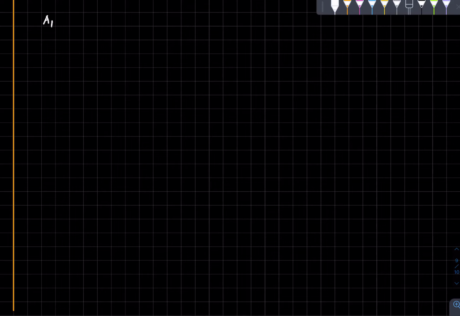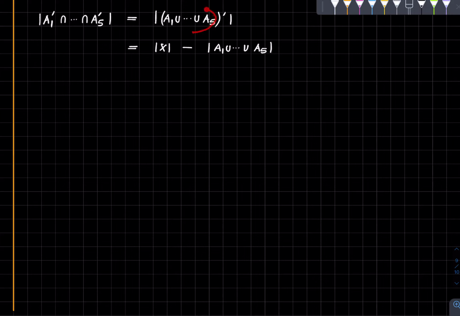So by the star mark problem, this is same as the complement of the union, which is same as the size of X minus the size of the union, right? This is a subset of X. So the size of the complement is the size of X minus the size of whatever. So I hope that is clear.